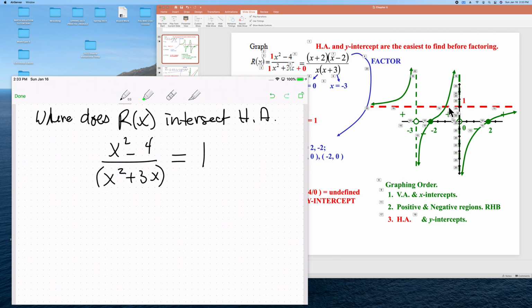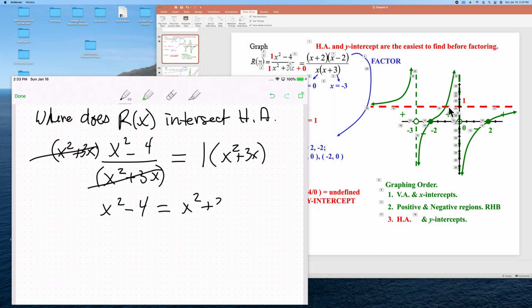We'll multiply that binomial to both sides. It cancels out. X squared minus 4 is equal to x squared plus 3x. Set it equal to 0, so I subtract the x squared. They both cancel. Negative 4 is equal to 3x.